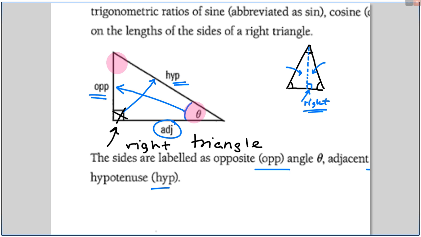Okay, so if I mark this angle up here, X, and I go straight across, what does this side at the bottom now become? Up. And is the hype still the hype? Good. Will the hypotenuse ever change? No. So what can change is the opposite and adjacent. So they're relative.